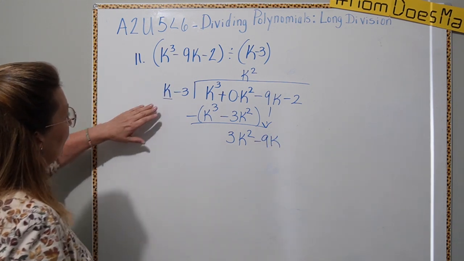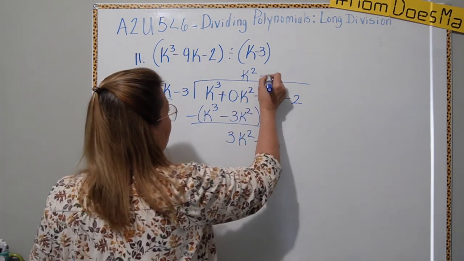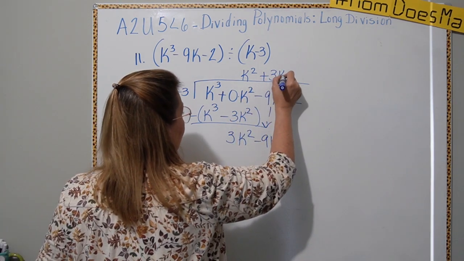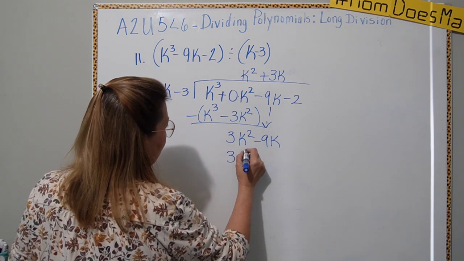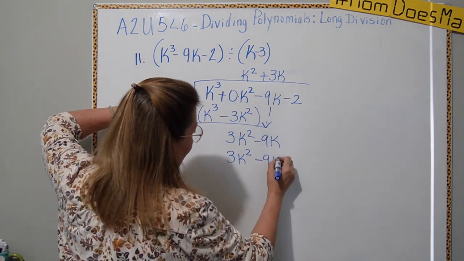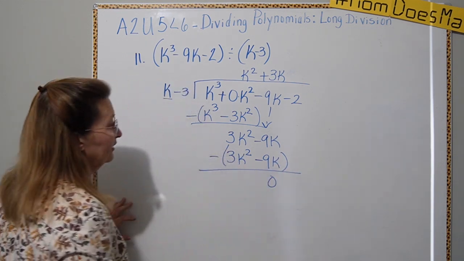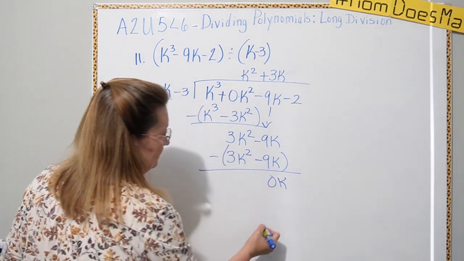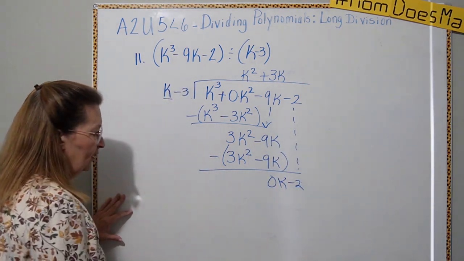All right, now, what would I multiply k by to get positive 3k squared? Well, that would be positive 3k. 3k times k is 3k squared. And 3k times minus 3 is minus 9k. So these cancel out entirely. So I have 0k. And then I'm going to bring down the negative 2. Okay?